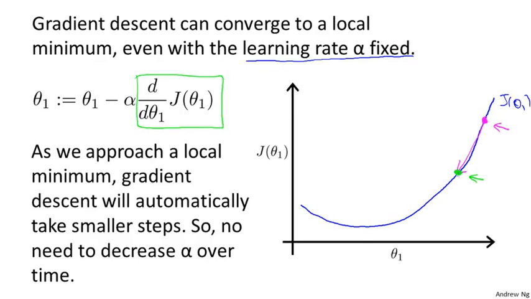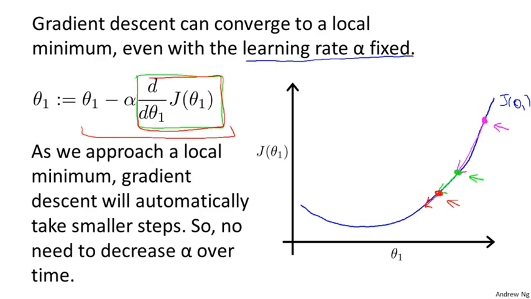So when I take another step of gradient descent, I will naturally take a somewhat smaller step from this green point than I did from the magenta point. Now I'm at a new point, the red point, even closer to the global minimum. So the derivative here will be even smaller than it was at the green point. When I take another step, my derivative term is even smaller, and so the magnitude of the update to theta 1 is even smaller.